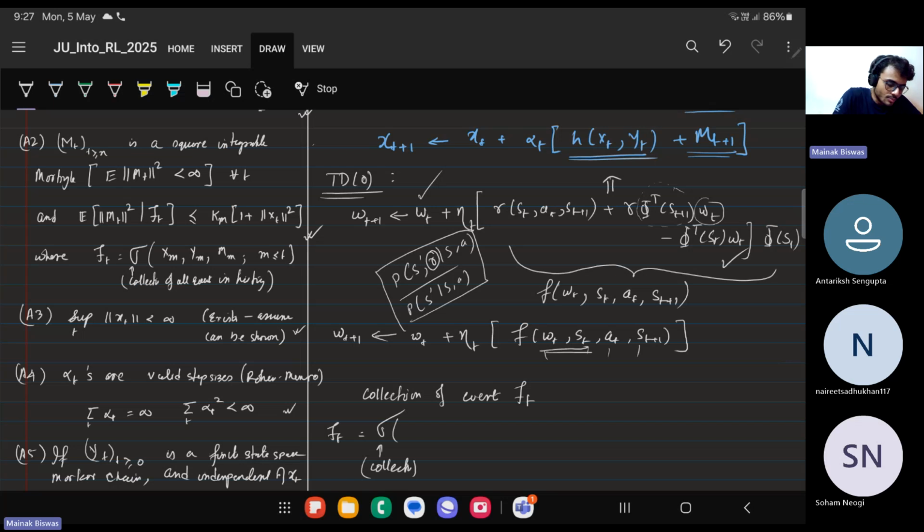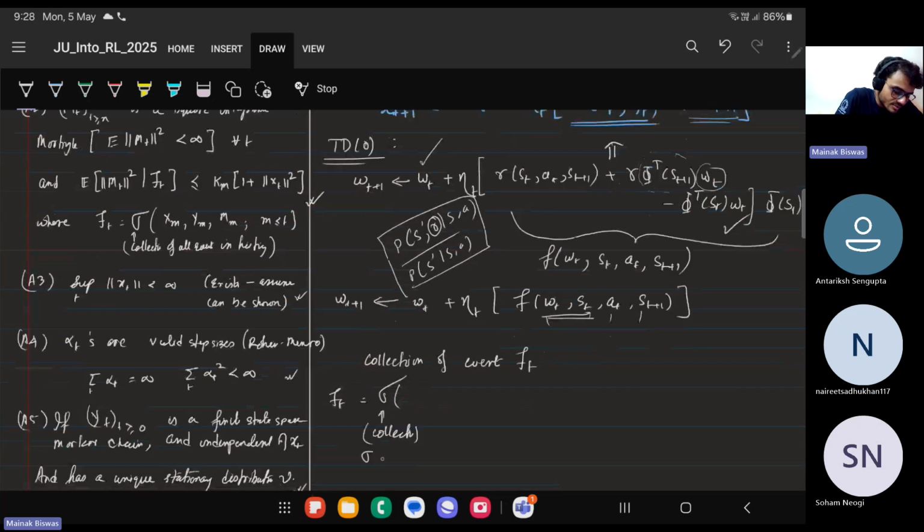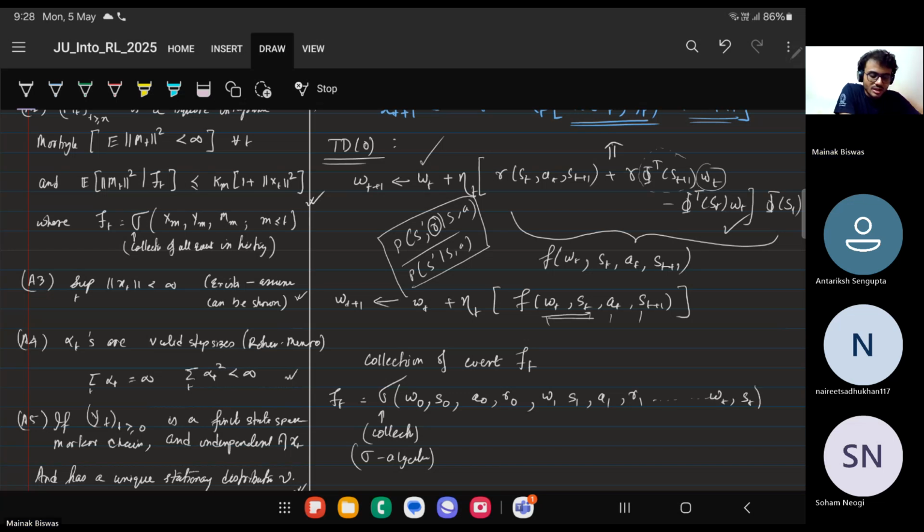We will define what is called a sigma algebra, but we're not going to go into what a sigma algebra is. Just think of it as a collection of events. What events? W0, S0, A0, R0, W1, S1, A1, R1, and so on up to Wt, St. I will not consider At and St plus 1, or Rt plus 1, and so on.